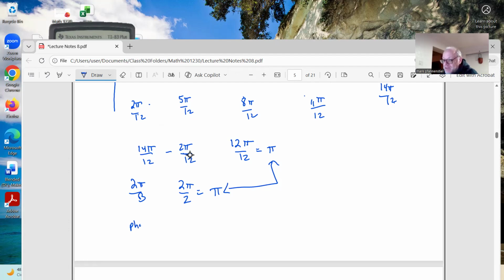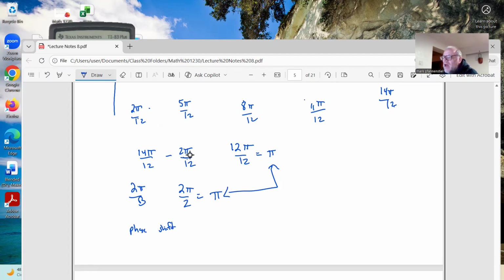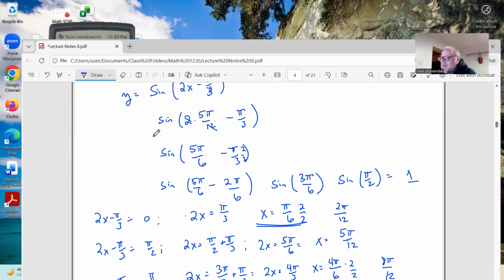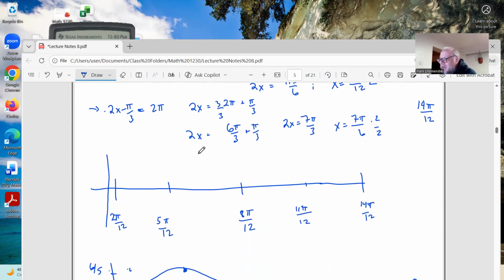What's my phase shift? Okay, back here. I know that I should have started at 0. I did not start at 0. I started at 2 pi over 12, which reduces to pi over 6. If I go back and look at my phase shift, which is C over B, remembering that, what's my C? All the way back up here, that was pi over 3, and we're going to divide it by 2.